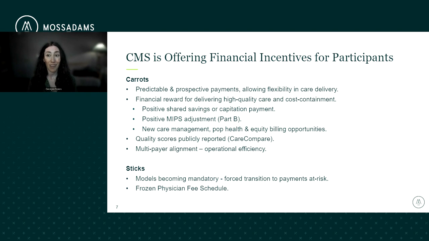I know that, again, was one of CMS's goals with this, is to increase alignment. So that's something you'll really see trending in all of these new models. They want it to not just be that you're doing one thing for Medicare and a different thing for Medicaid and a different thing for all your commercial payers, but that they're really all kind of aligned with each other with the same incentives and the same quality measures to make it simpler and easier for you to treat patients.